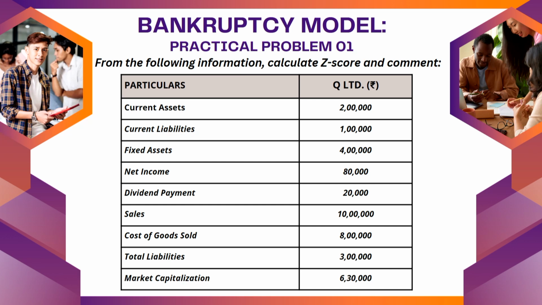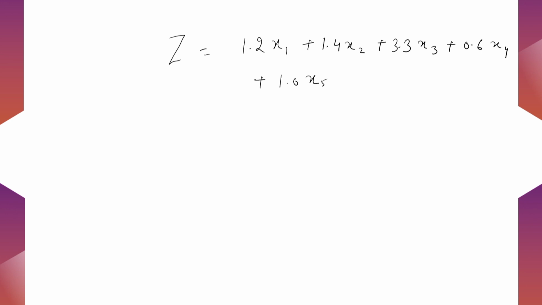We will use the formula for publicly traded manufacturing firms, where Z is equal to 1.2 x1 plus 1.4 x2 plus 3.3 x3 plus 0.6 x4 plus 1.0 x5.